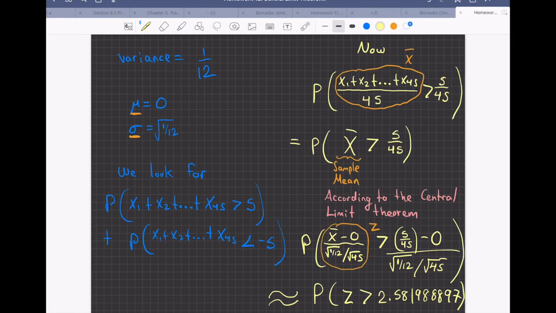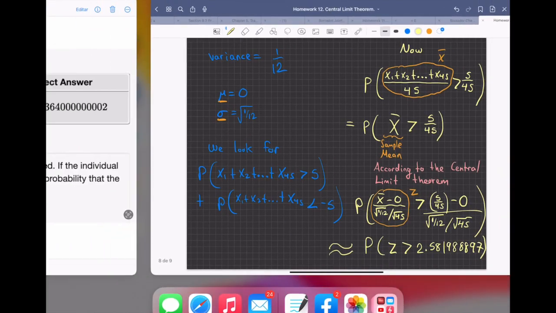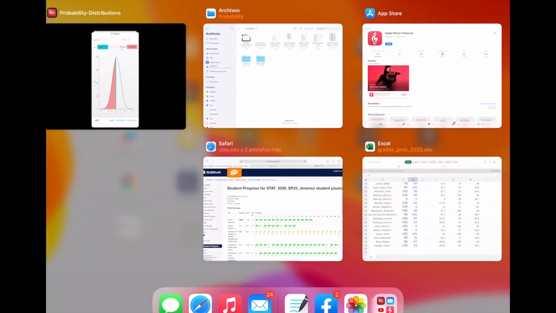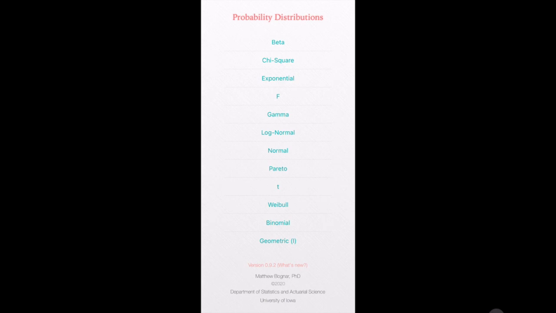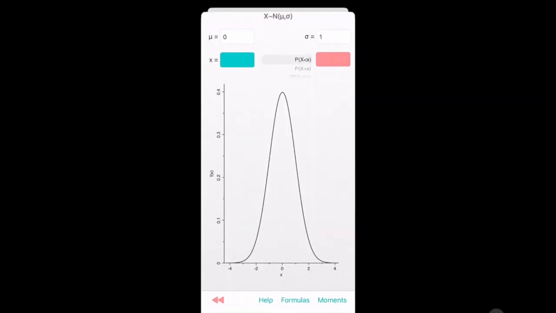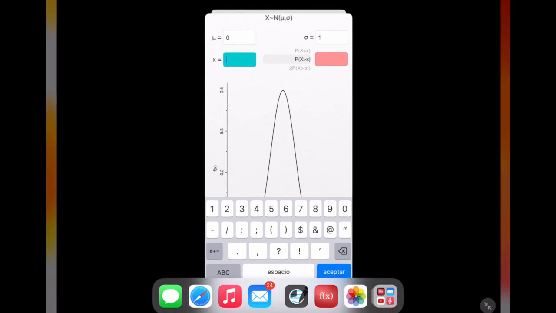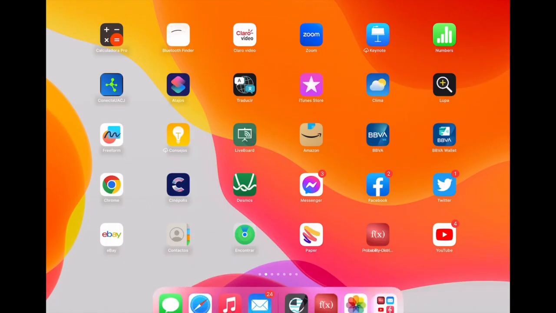And you can look for this by using the application that I recommended, this one. Look for normal, set mu equal to 0, sigma equal to 1, here probability x greater than, and put the value for x here.